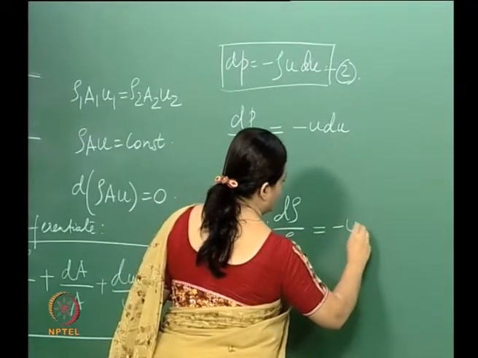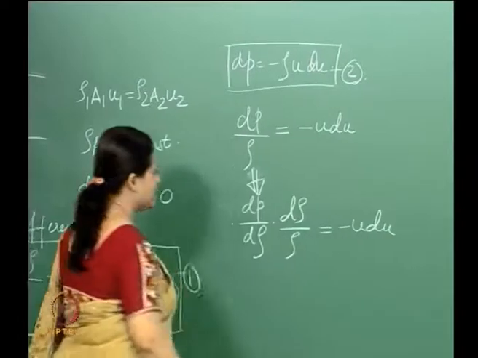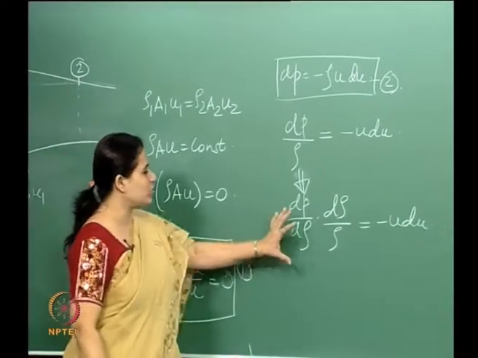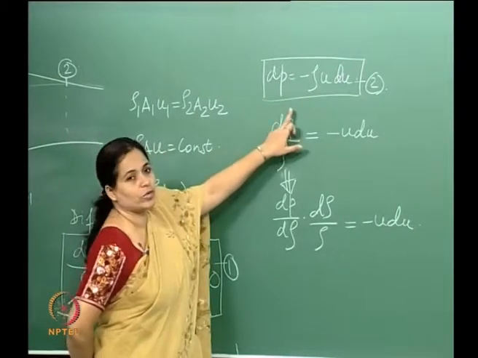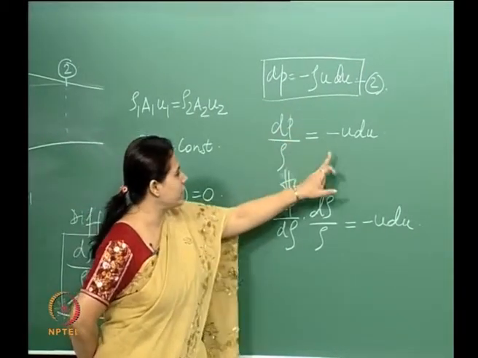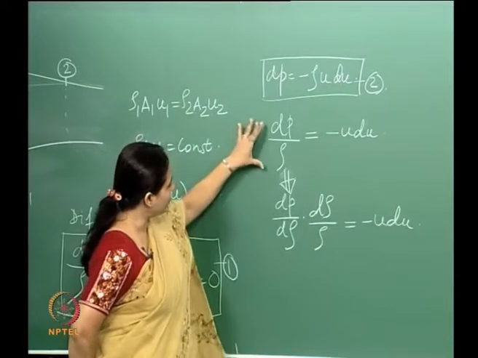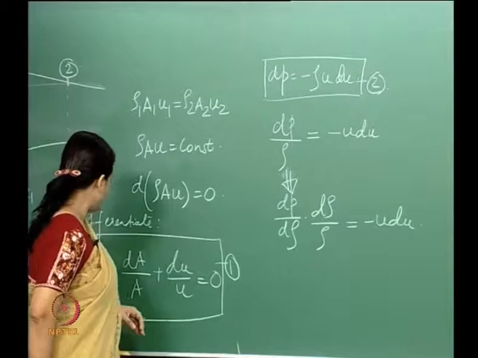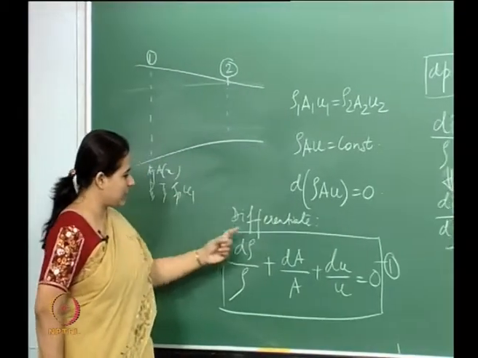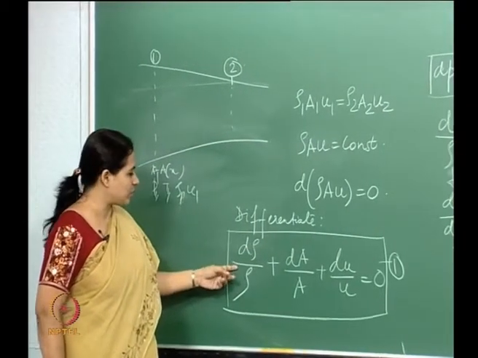You see, I just choose to write it like this. So we get this from the momentum equation, so I just rewrite it in this form, and then this is something I write like this. Now d rho by rho is something that we get in this particular expression over here.